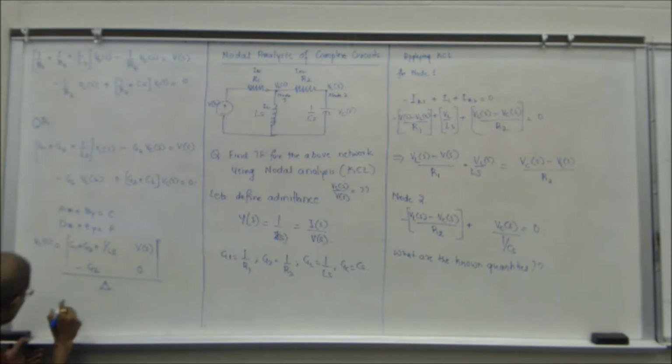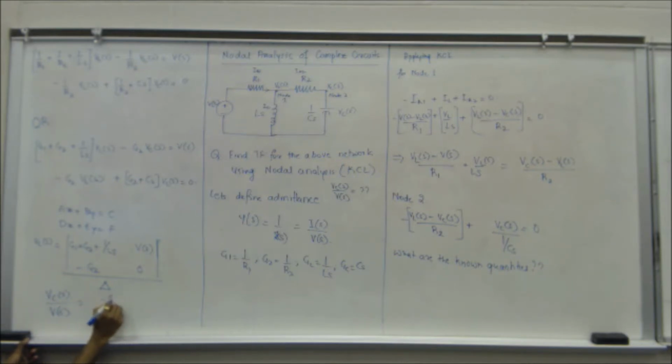So you have VC. If I were to write this as a transfer function, V of S is equal to, very simple, minus G2 or plus G2 over delta, right?